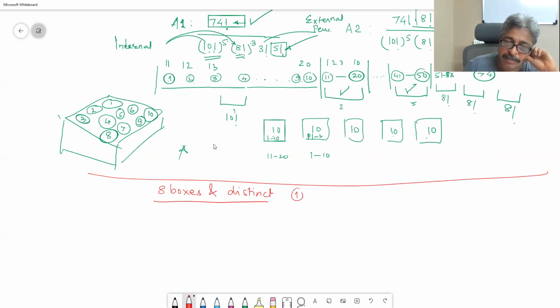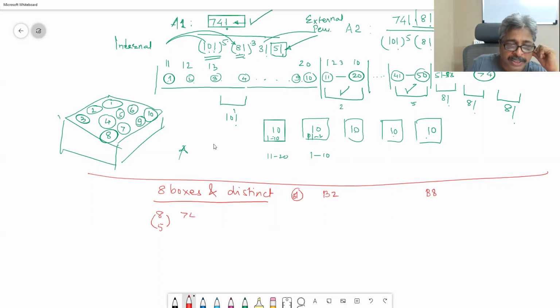They are labeled box number 1, box number 2, like that. So box number 1 can take 10 objects. Out of these 8 boxes, you choose 5 boxes. They are labeled, therefore I have chosen 5 boxes.